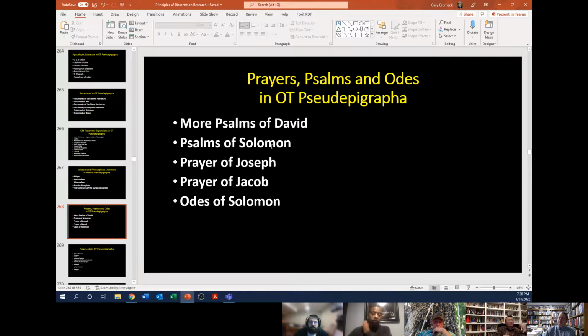So Psalms of Solomon, we know there's at least 2 Psalms that Solomon wrote. Did he write more? How would you know whether Solomon is the author or not if that's going to be disputed? Or Odes of Solomon. We have the Song of Solomon, and now you have Odes, plural, of Solomon. Now we know that Solomon wrote more than one song. I think he wrote quite a few songs, if I remember right, from 1 Kings.